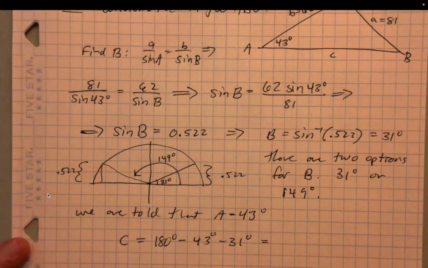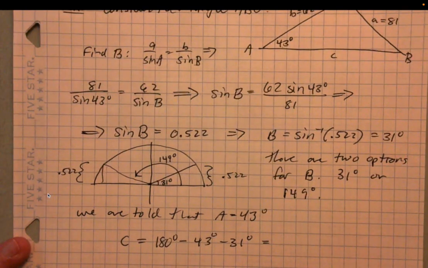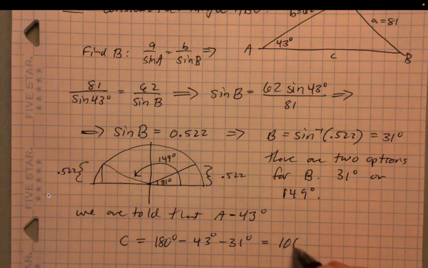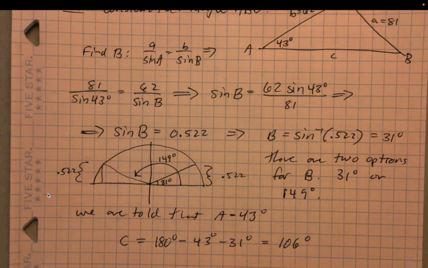So we would get 180 minus 43 minus 31, so we get 106 degrees. Okay, so that's one option.